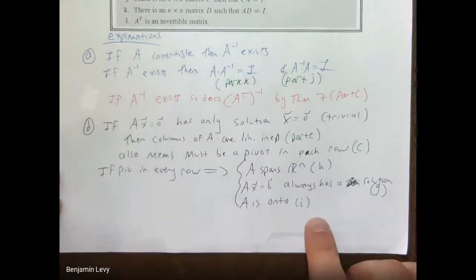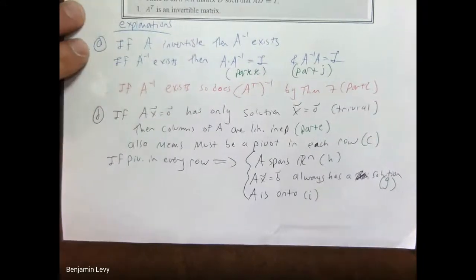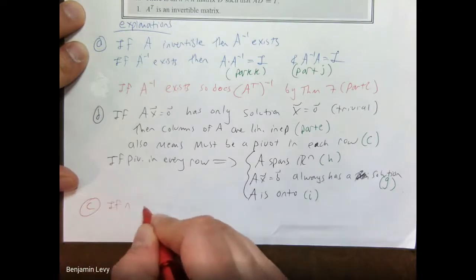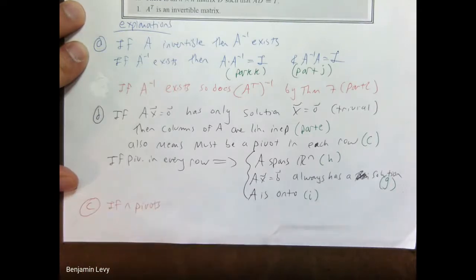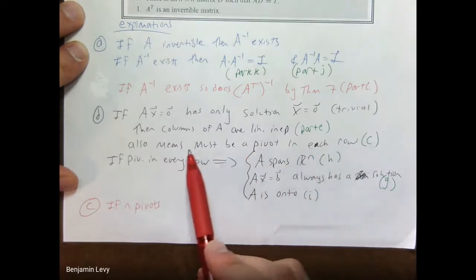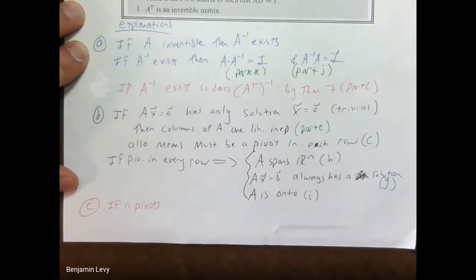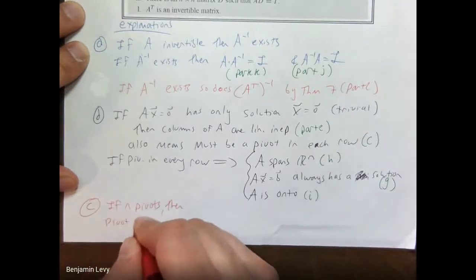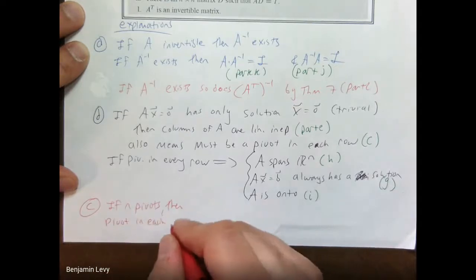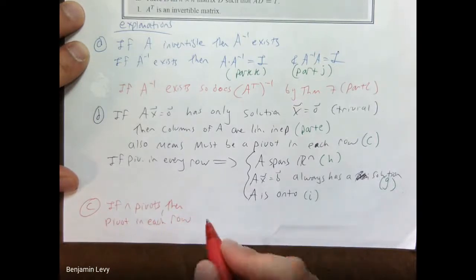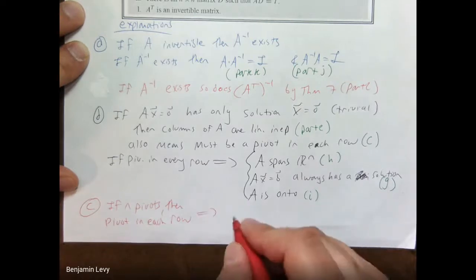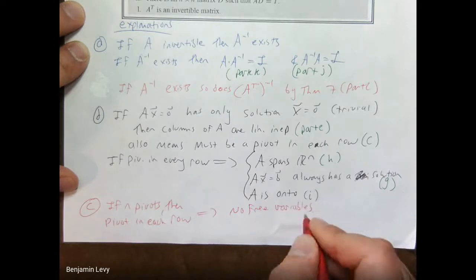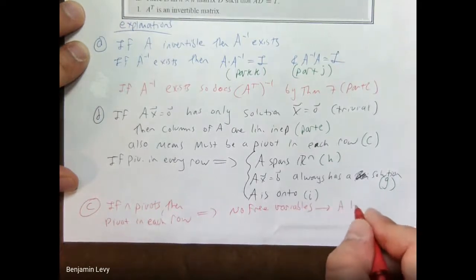Having n pivots also leads to some other things here. So let's finish up with C. If there's n pivots, which is what C says, and we already came up with C right here, as it followed from AX equals 0 having only the trivial solution, then there must be a pivot in every row because there's n rows. And if there's a pivot in every row, we have no free variables, and that means A is one to one.